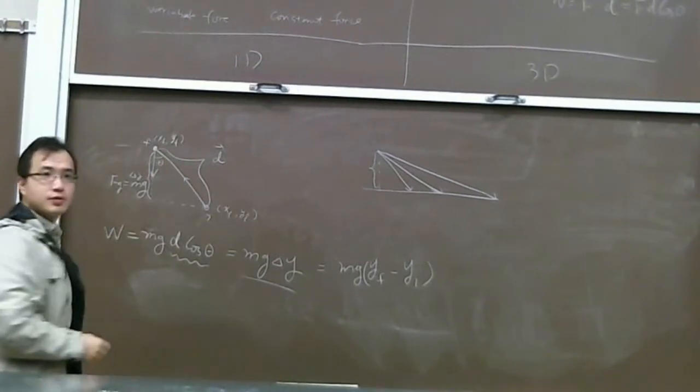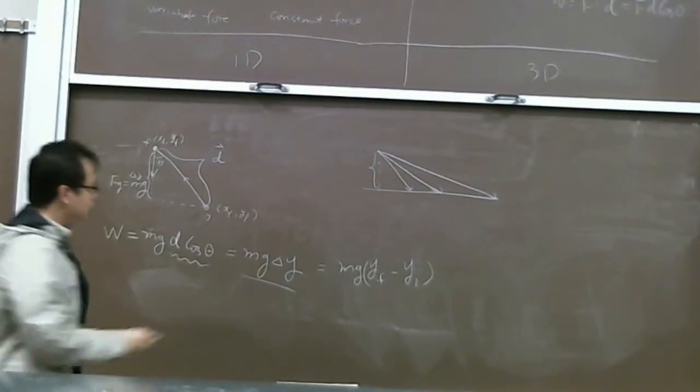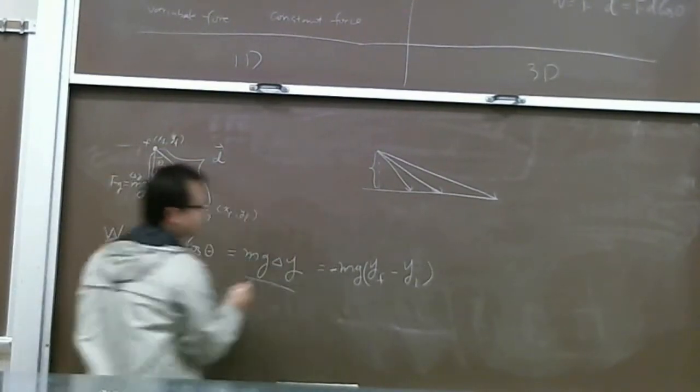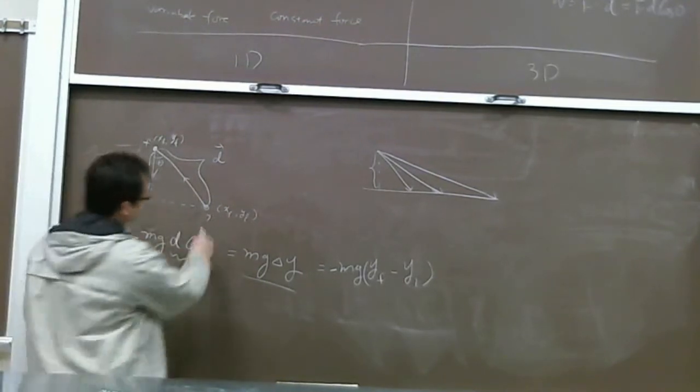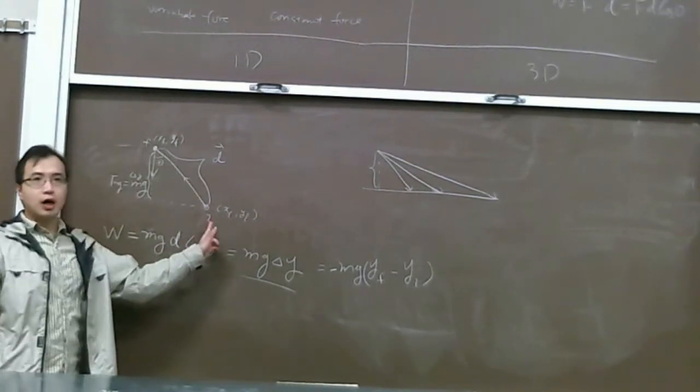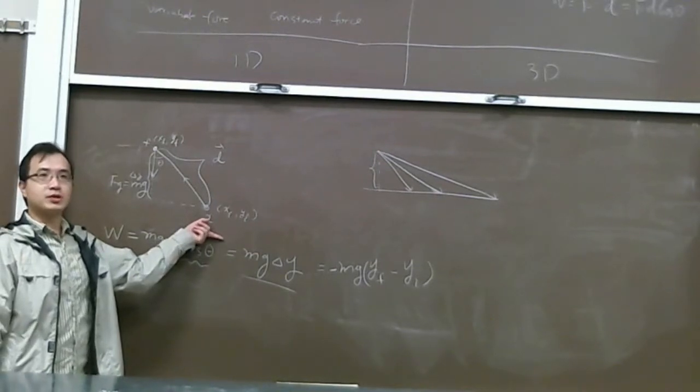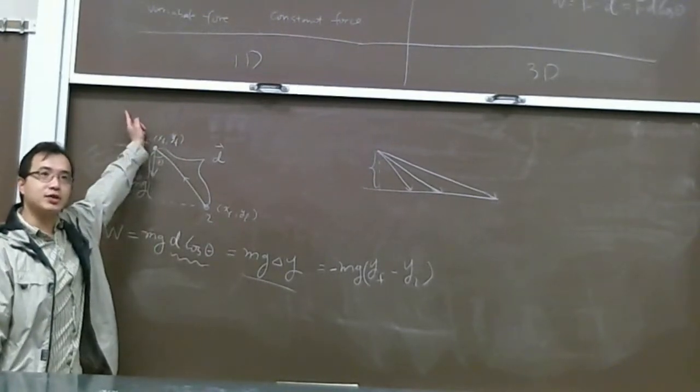This is the force. And in this case, you have to add the negative sign here. Well, because it's going down. Because usually we should call the lower position the initial position, and this is the higher position.